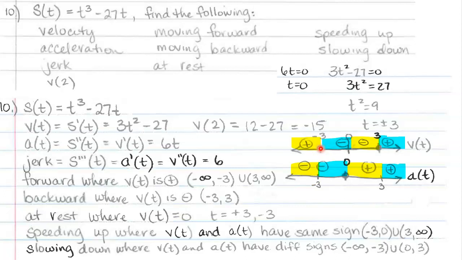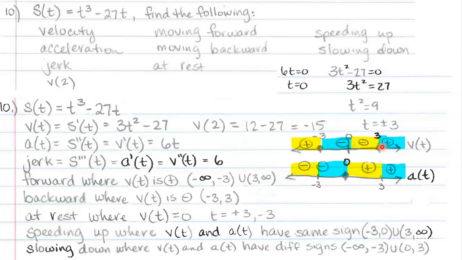Then if we compare from -3 to 0, they're both negative there, so it's going to be speeding up there. If you compare from 0 to 3, the signs are different there, so it's going to be slowing down. And then from 3 to infinity, the signs are the same, so it's going to be speeding up. So that's how we can compare those two graphs.